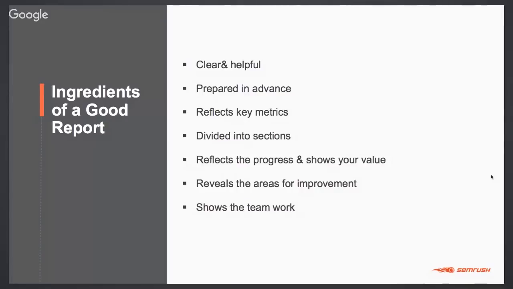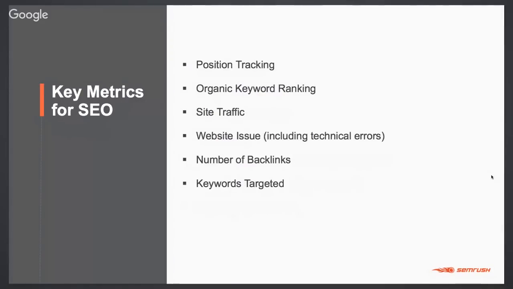Okay, so let's actually take a look at them. We believe that it's really important to reflect the results on your positions in the area where you're promoting, and you can do it using our position tracking tool.